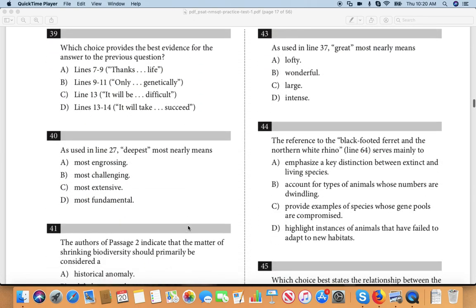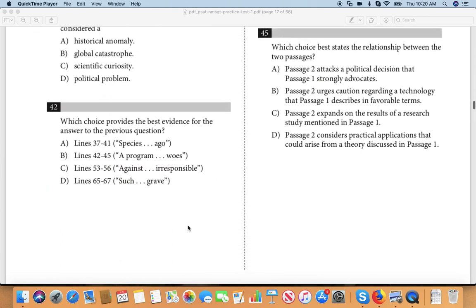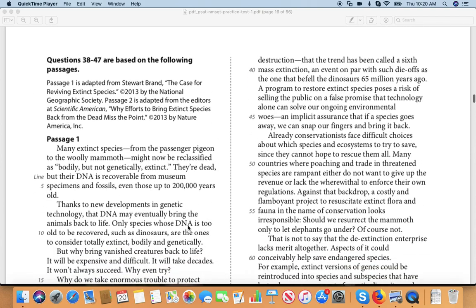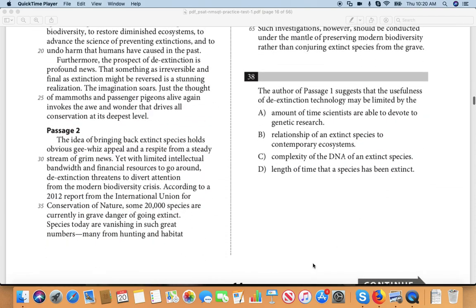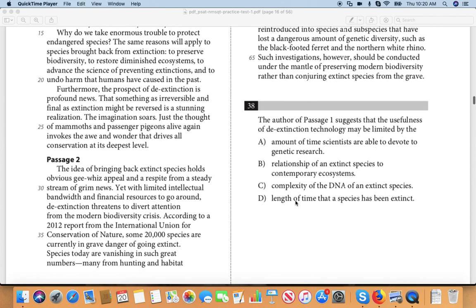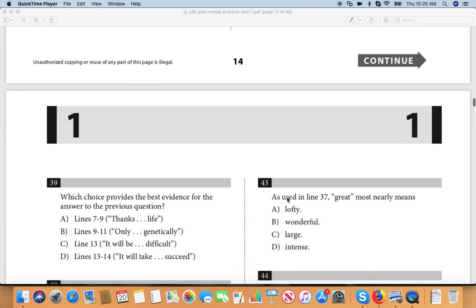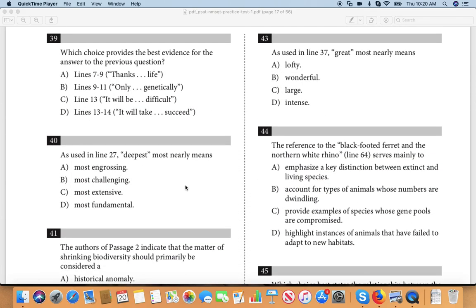Now there's a special approach I have for the double passage section. Instead of reading passage 1 and passage 2 and then answering the questions, which would be understandable because you're just going in order of what comes up next, I want you to do something different. The questions are arranged so that first I'll ask you a series of questions about passage 1, like questions 38 through 40.